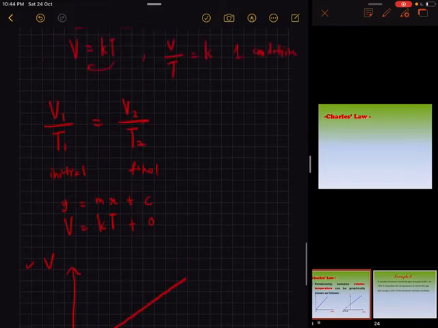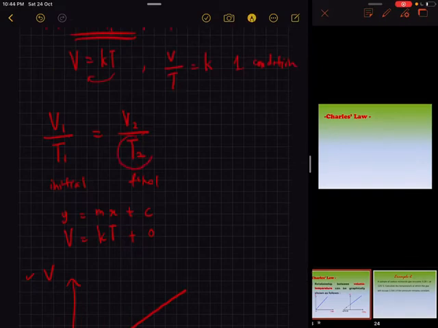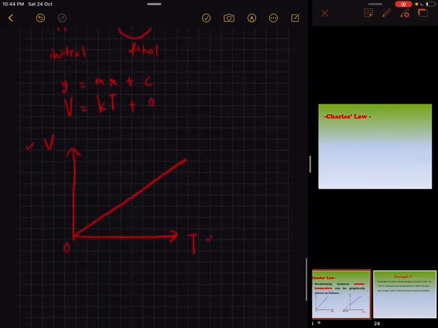And before I forget, temperature must be recorded in Kelvin. Temperature must be in Kelvin only, not in degrees Celsius. So if the question gives you the temperature in degrees Celsius, you have to convert it into Kelvin.